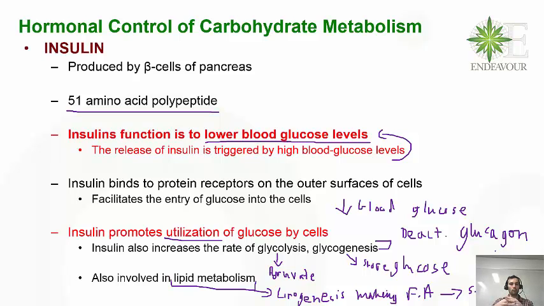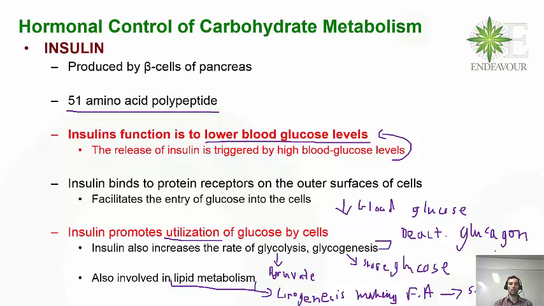For example, if the processes that insulin upregulates and glucagon upregulates were both running, they'd be fighting each other. The insulin is utilizing glucose and the glucagon is promoting making glucose. We don't really need to be doing both of these things at the same time. So we'll do either the insulin set of processes at one time or the glucagon set of processes.